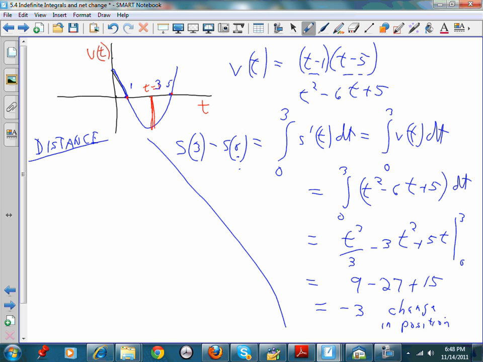So how we used to do this back in the good old days when we did it the hard way, remember, this is straight line motion. It's straight line motion, so we also drew a diagram that kind of looked like this. We said, okay, it started at 0 and it went to time equal to 1. It went from 0 to 1, then it turns around and it goes back to t equal to 5.